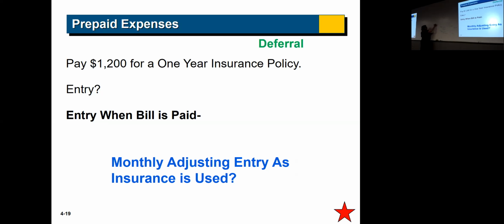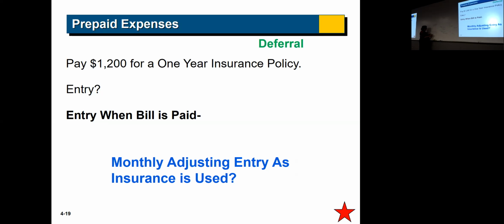What ends up happening on your T accounts is that I'm just going to put these two so you can see what happens. We have two accounts, prepaid insurance and insurance expense. At the very beginning, prepaid insurance has a balance of $1,200. Insurance expense has nothing. Every single month when you do your adjusting entries, insurance expense goes up $100 and prepaid insurance goes down $100.